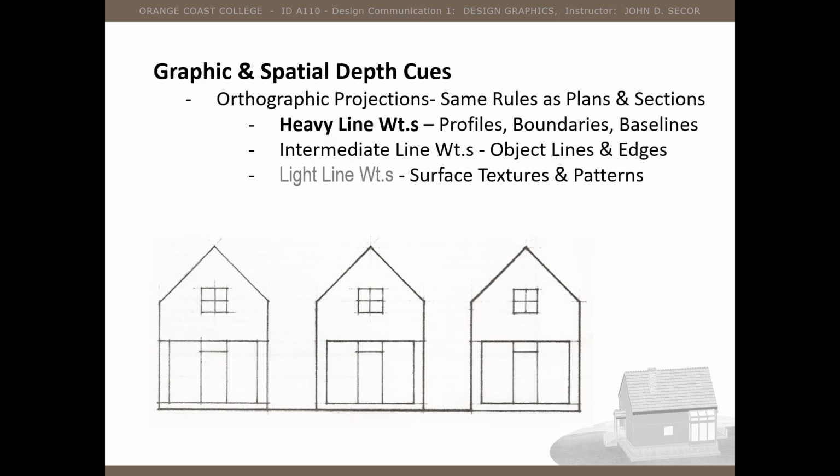It is probably important to tell you that in the last slide we looked at material representations. Those really are textures, and those textures need to be lightly applied. If they're put on too heavy, it overwhelms the drawing and is difficult to read because there's just too much graphic information. So using light lines for those surface treatments is very helpful.